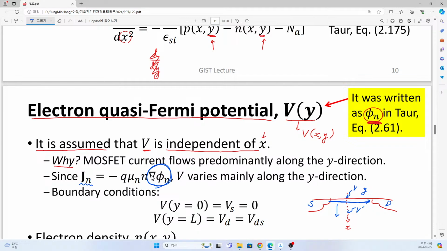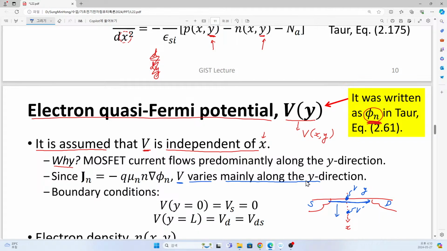But it is not observed in reality, because they share the same electron quasi-Fermi potential. Due to the observed predominance of y-directional current conduction, we have no x-directional variation of the quasi-Fermi potential. So the quasi-Fermi potential varies mainly along the y direction.